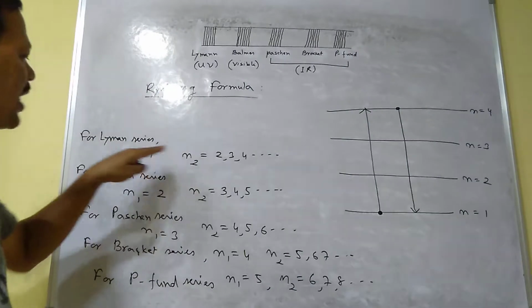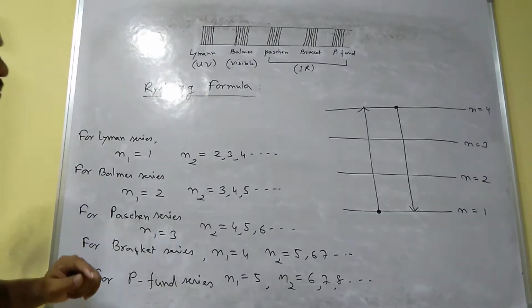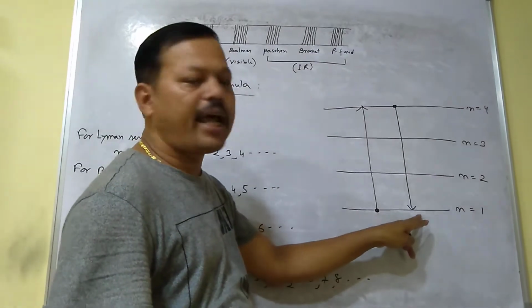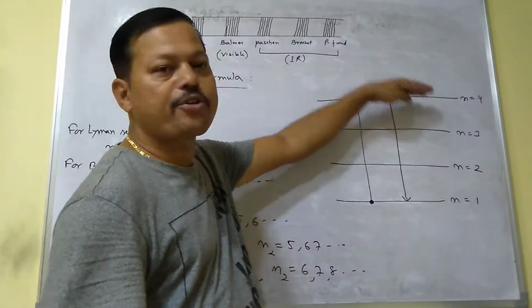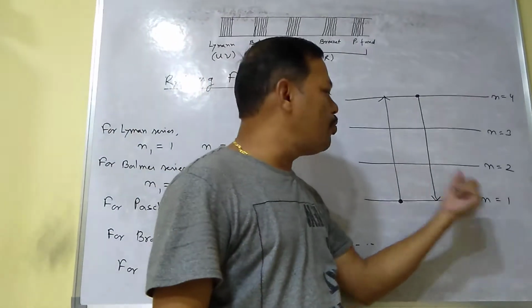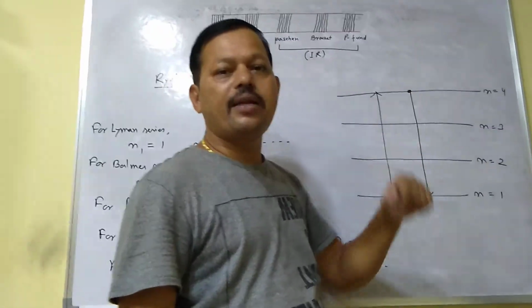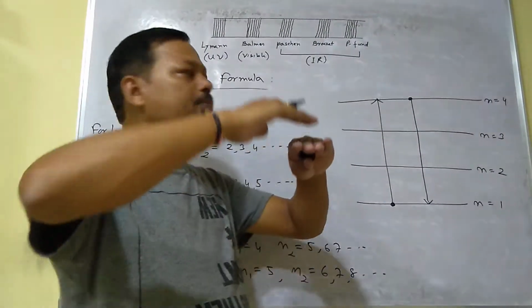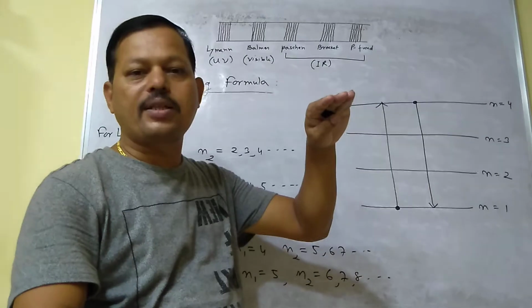So n1 represents the shell up to which the electron is coming, and n2 represents the shell from where the electron is coming. I mean n1 represents the lower energy level, and n2 represents the higher energy level. Suppose an electron is coming from n equal 4 to n equal 1 state.